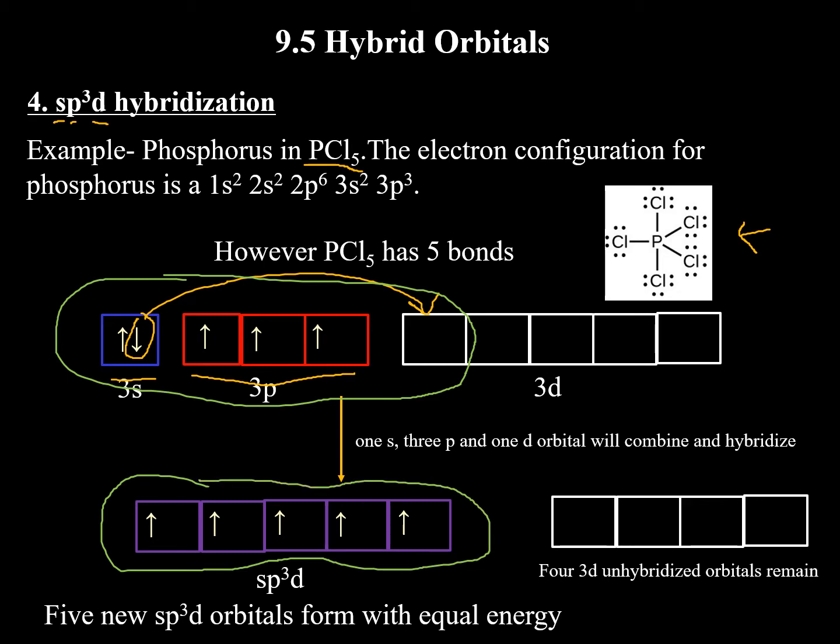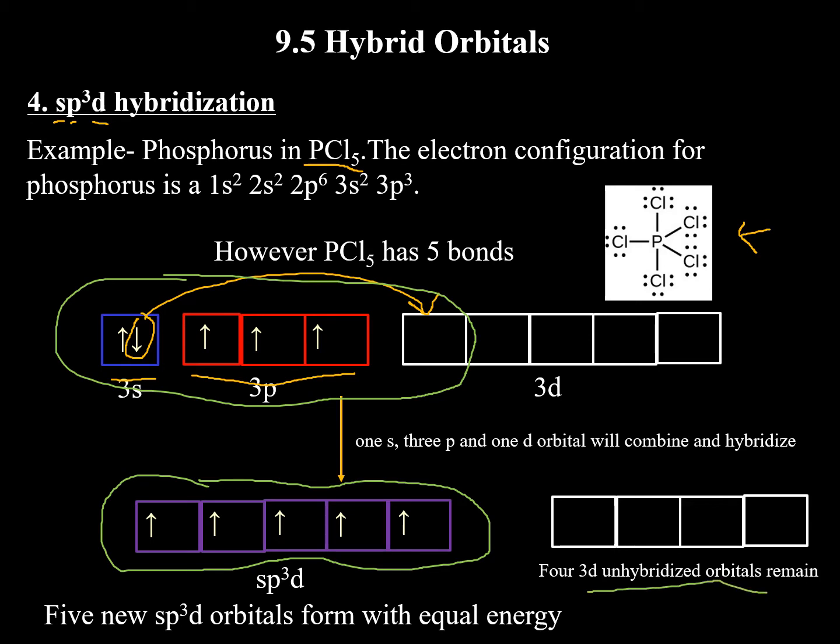But what happens is it hybridizes. One s hybridizes with 3 of the p's and 1 of the 3d orbitals to give us 5 sp3d hybrid orbitals, all with equal energy. And again, you're still left with 4 unhybridized 3d orbitals that remain.